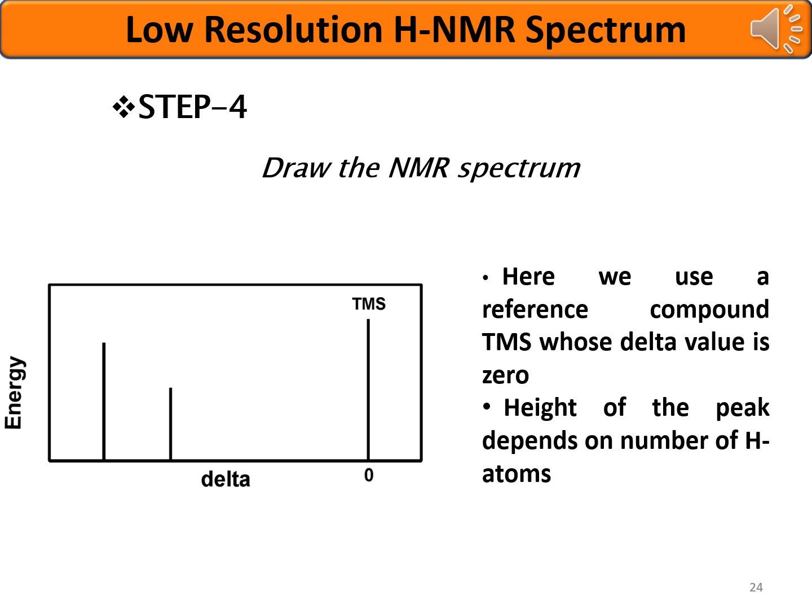And finally, in step 4, we draw the NMR spectrum with delta value on the x-axis and energy on the y-axis. The reference compound TMS is shown at delta value 0, and the height of the peak depends upon the number of protons in each chemical environment.